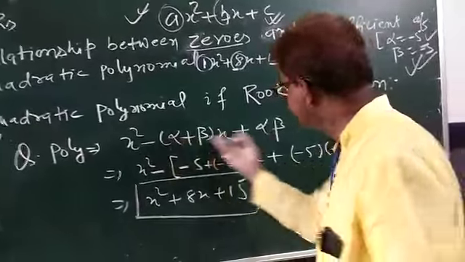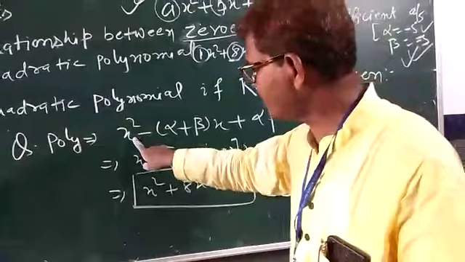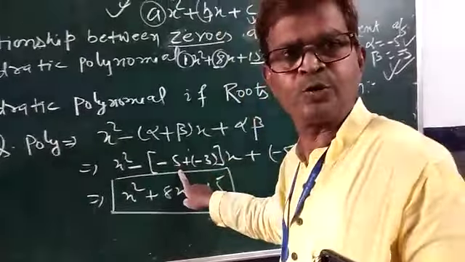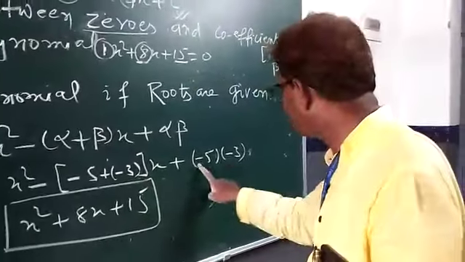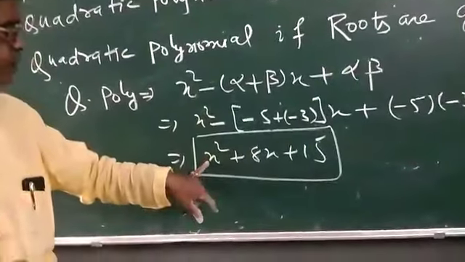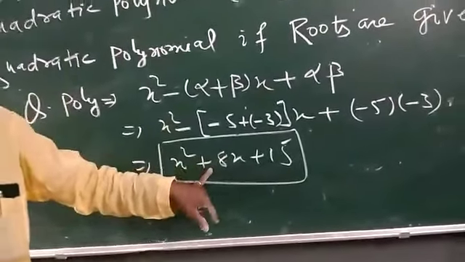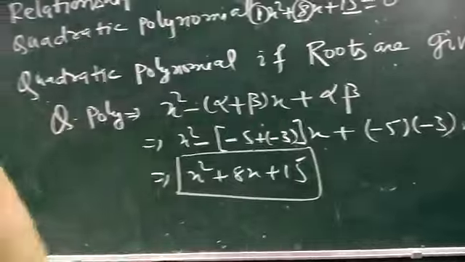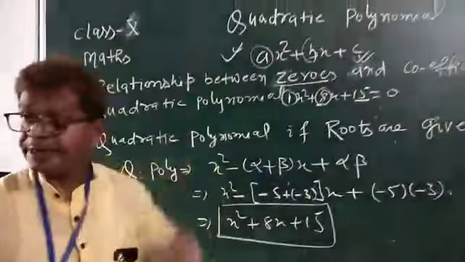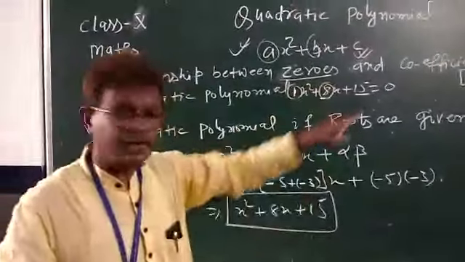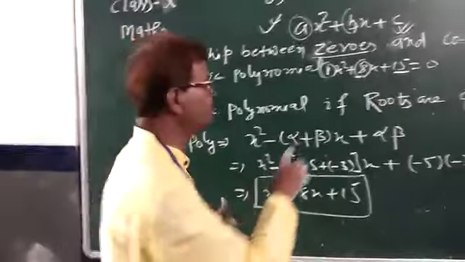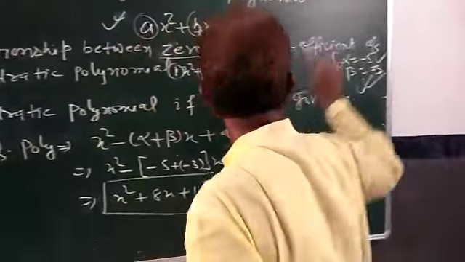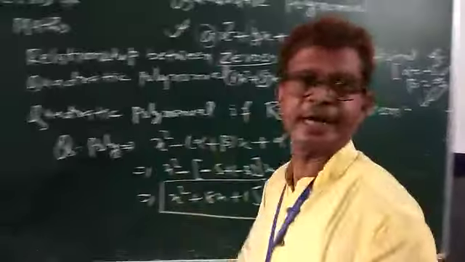Put these values in this expression: x square minus alpha, which is minus 5, plus beta, which is minus 3, into x plus minus 5 into minus 3. If you calculate it, it will be equal to x square plus 8x plus 15, and these alpha and beta were calculated with the help of this quadratic polynomial. So naturally this is the correct formula, and this is the value of alpha and beta, and that's all.